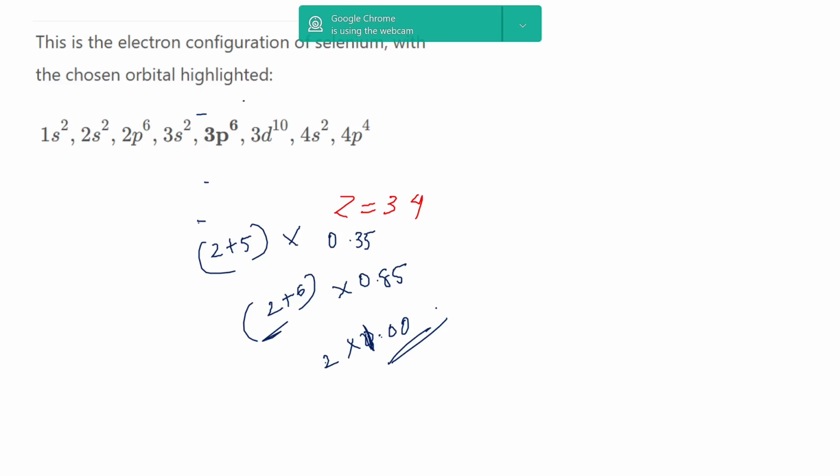Okay, so values will be 2 plus 5, 7 into 0.35, which is equal to 2.45.